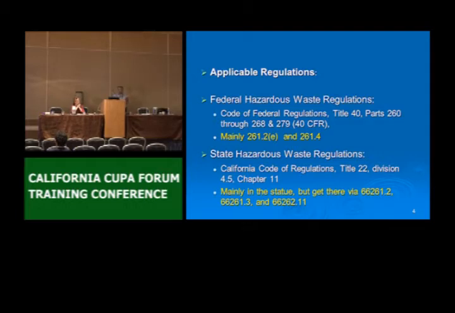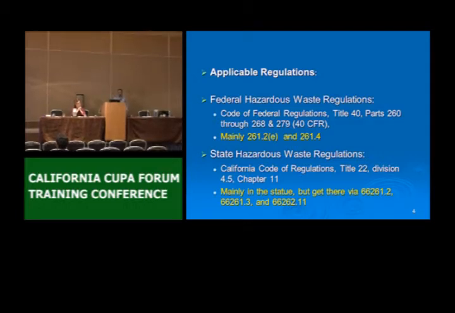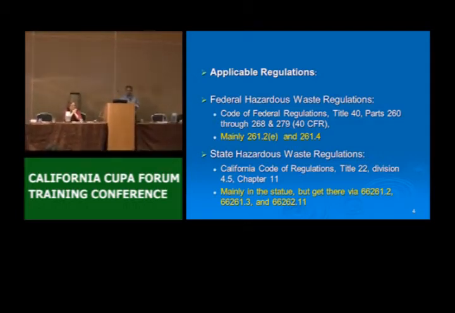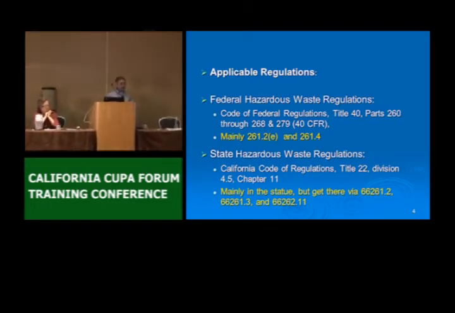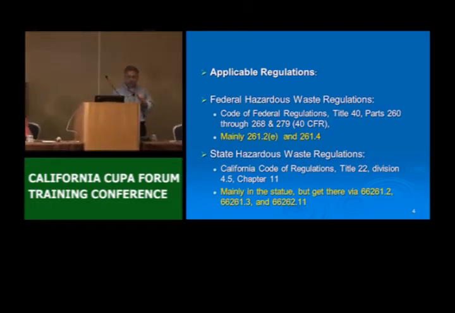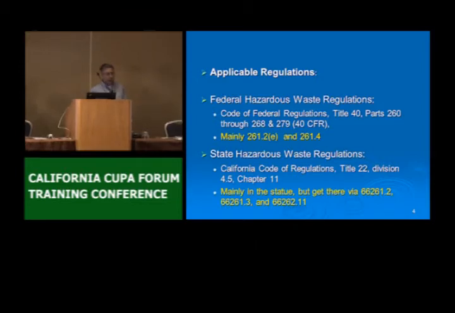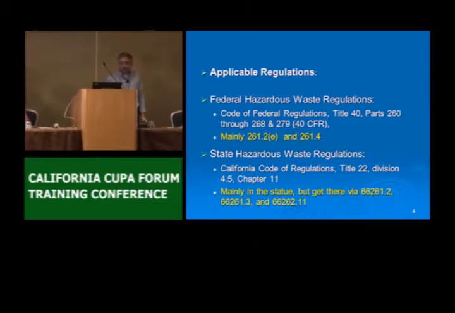At the federal level, the recycling regulations are in 40 CFR, and mainly it's in Part 261.2(e), and nowadays also in 40 CFR 261.4.